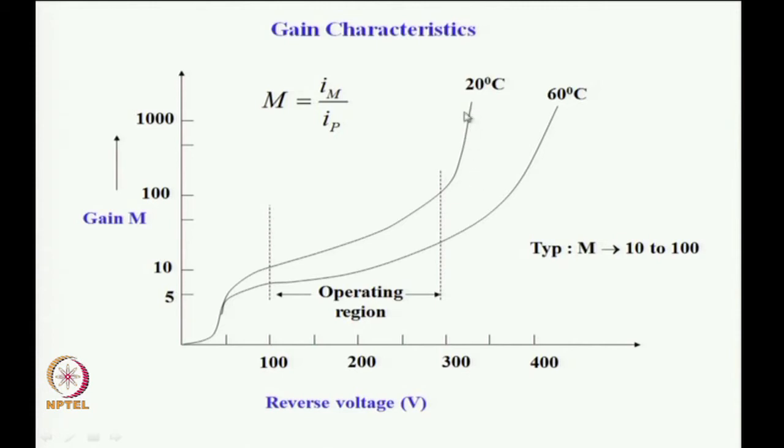So, this is not the operation region, the operation region is here between these two lines. For this example it is typically between 100 and 300. Normally the operating voltage is specified like 220, 250 volt DC. So, this characteristic shows the current gain for an APD.